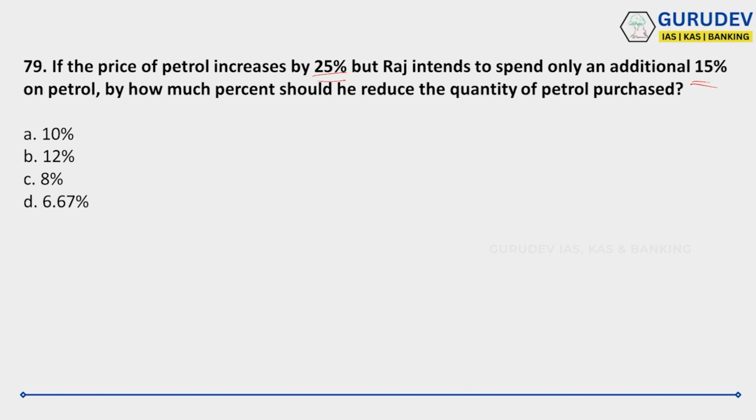I hope the question is based on expenditure equals price into consumption, because the spending is nothing but the expenditure. Now look here, 25% is nothing but 1 by 4, correct? So on the price, an increase means you add this with the denominator, so that it will be what?